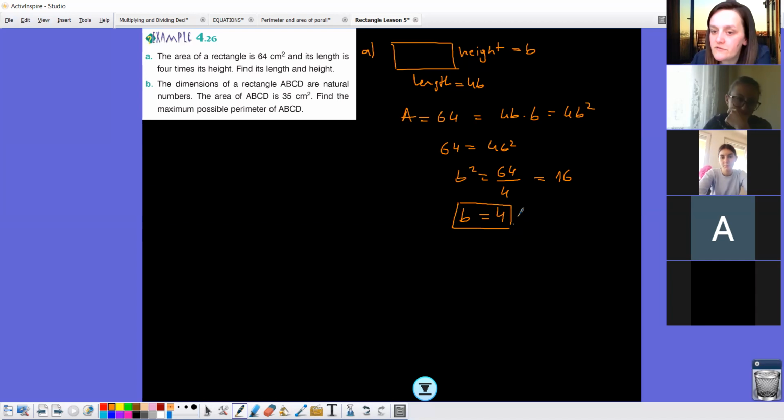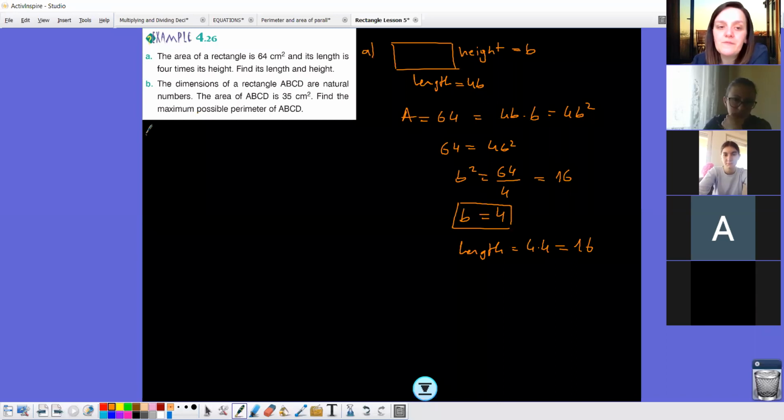So if B is 4, length will be 4 times 4, which is 16. So height is 4 and length is 16. Okay? Yes, it's very simple.